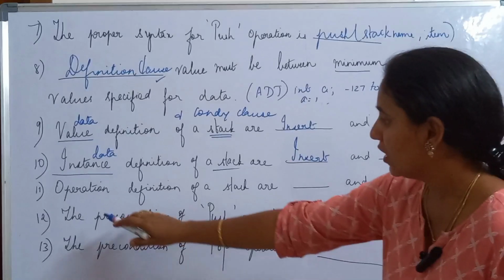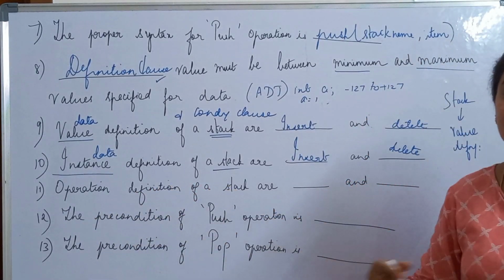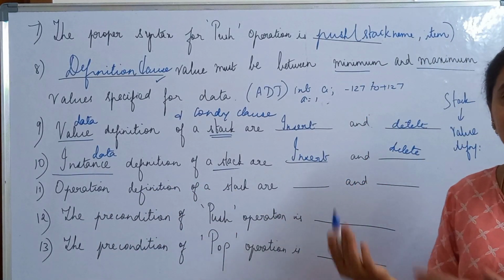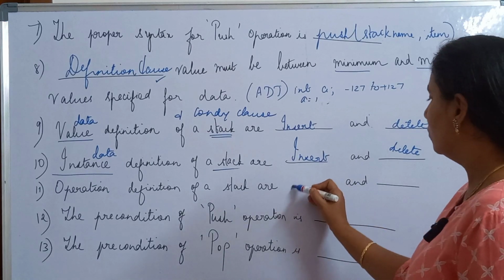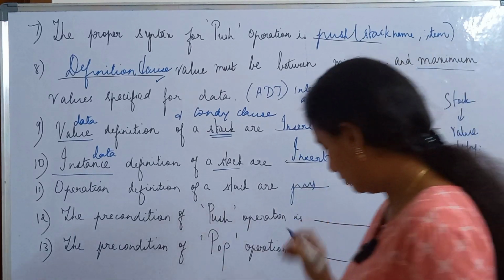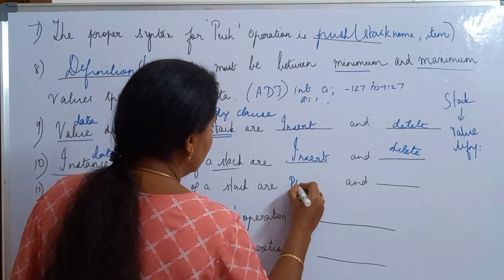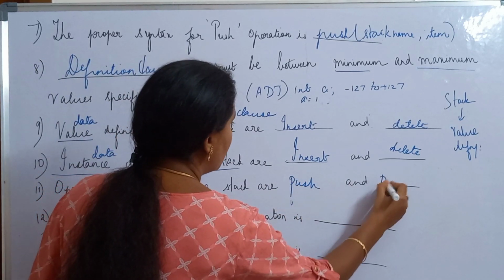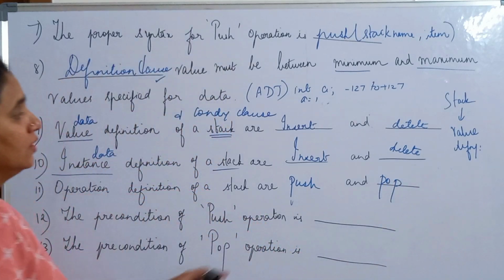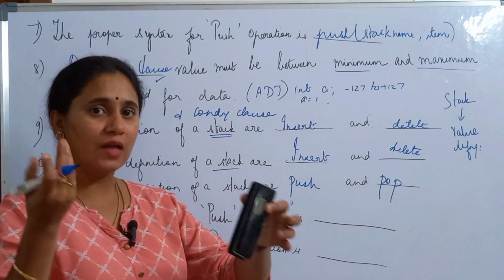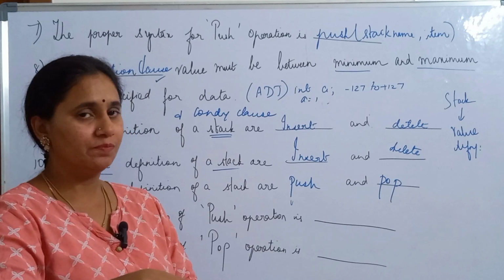Suppose they ask for operation definition: what is the actual operation we are performing on this data? We are performing push operation and pop operation. Insert and delete is what we are operating on the data actually.